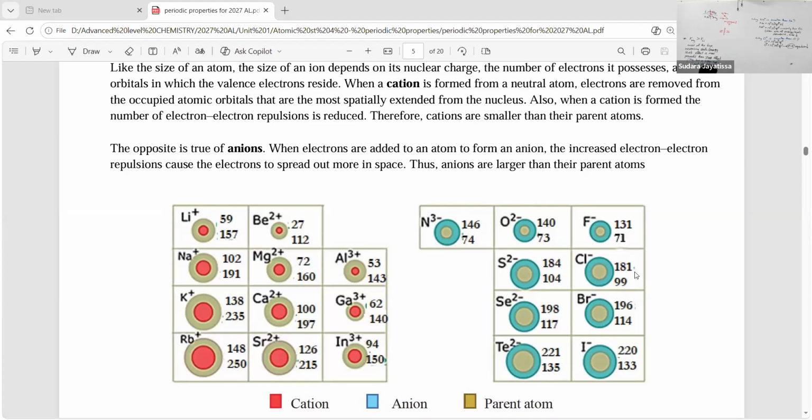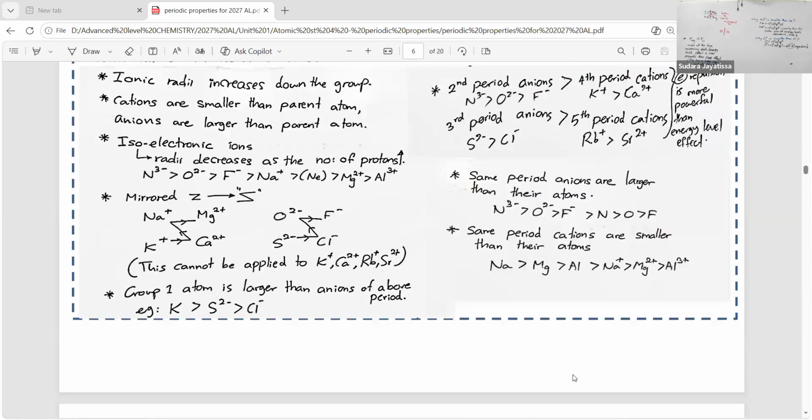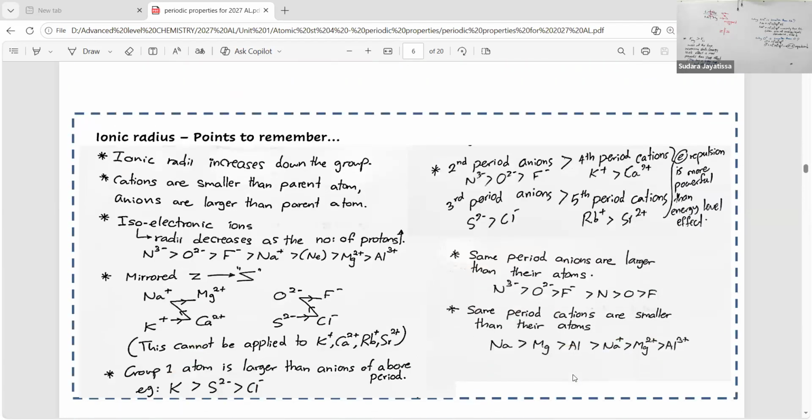At A-level they are not going to go that deep, but that concept is okay to understand. Anion size is larger, but the next period's first element, sodium, potassium, are larger than the previous anions. Understand by looking at the values. We are not supposed to find reasons.